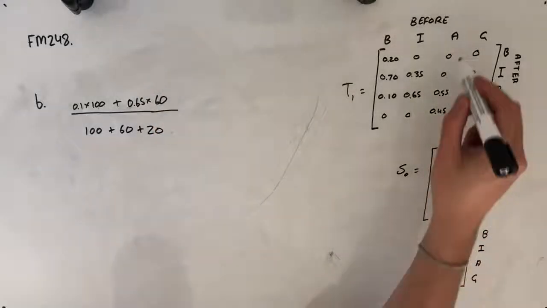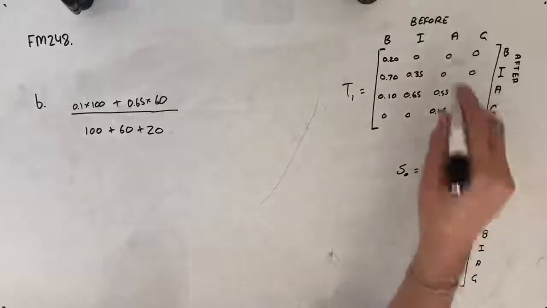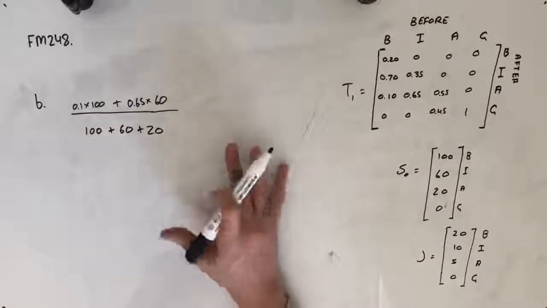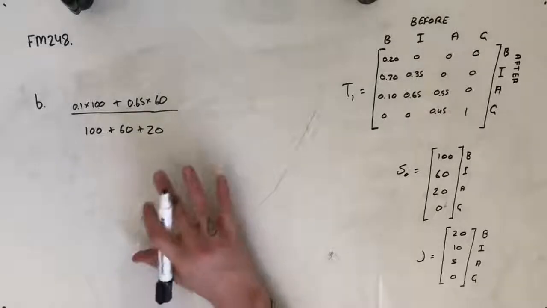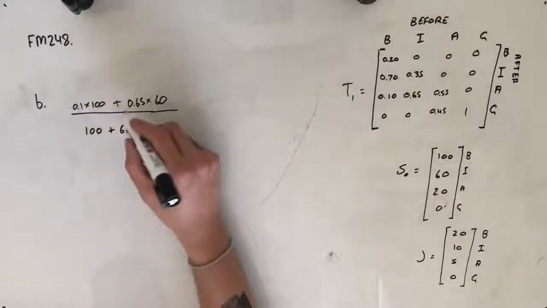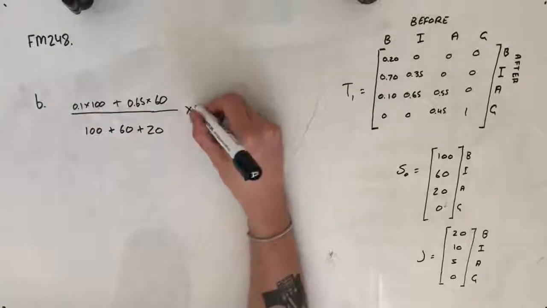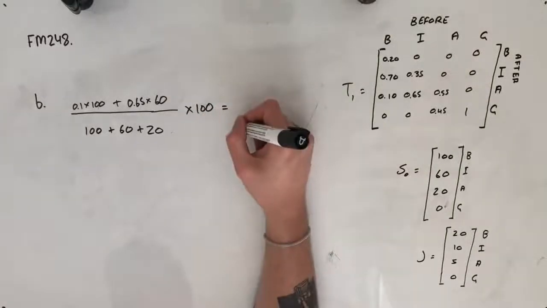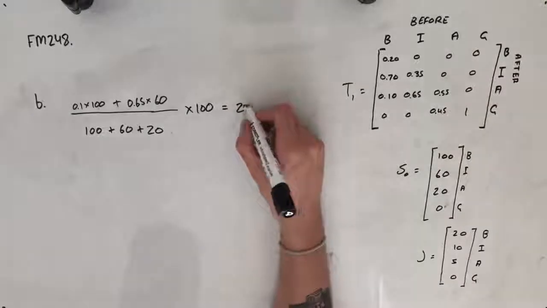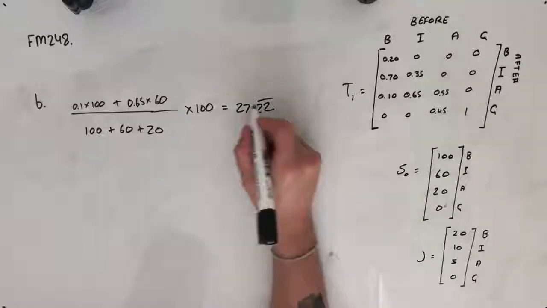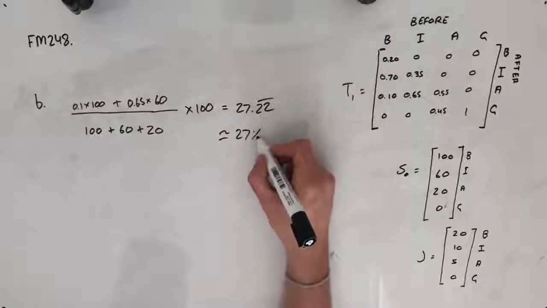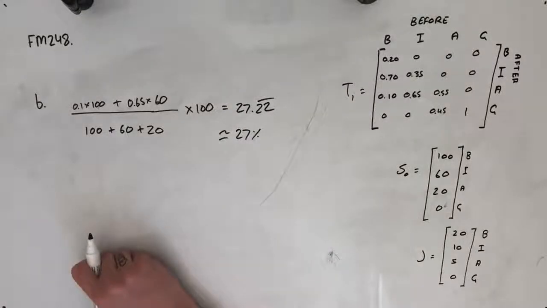We don't include the students going from advanced to advanced or staying in advanced because they're not technically moving into the advanced group, they were already there. So this sets up our fraction. Of course, we're going to times the whole thing by 100 in order to convert to a percentage, which should give you an answer of 27.22 recurring, which you would round to 27% to give your final answer there.